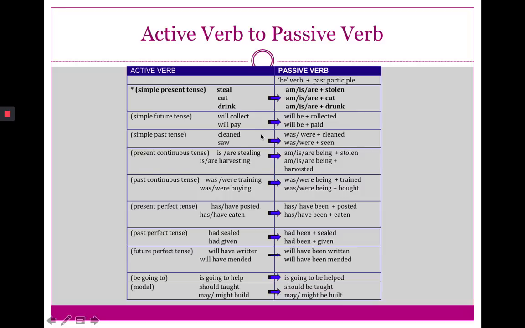Past tense, clean, were seen. Okay, present continuous. If you would like to know more, it will be good for you to explore all this as well. But for now, maybe we just stick to simple present tense. I think that would be good for the first time. Let's stick to this because you will mostly use this one, right? Okay.